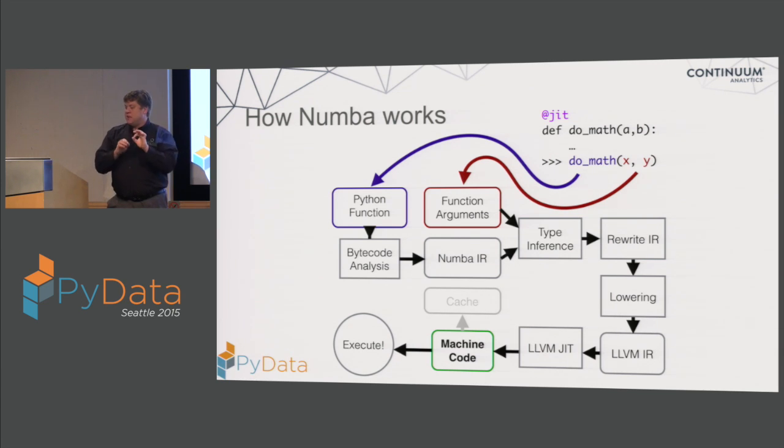There's potential for some caching along the way, so once you call it with a certain number of types, it caches that machine code result and doesn't recompile every time you call it, until you exit Python and enter Python back again. The caching currently is not persistent, it's only in memory. So you pay the cost of compilation once every time you start Python and call the function.